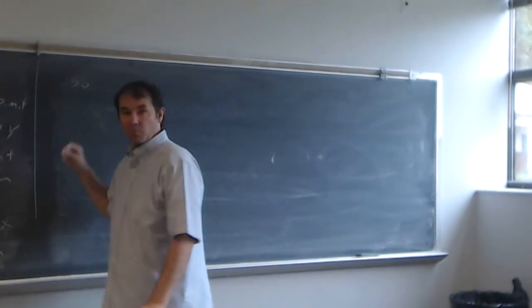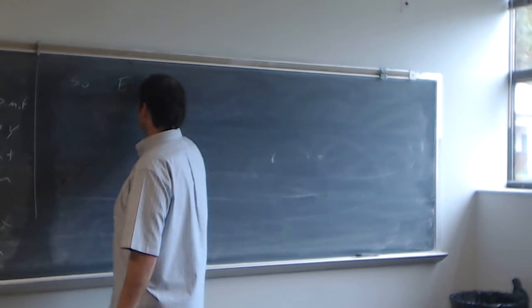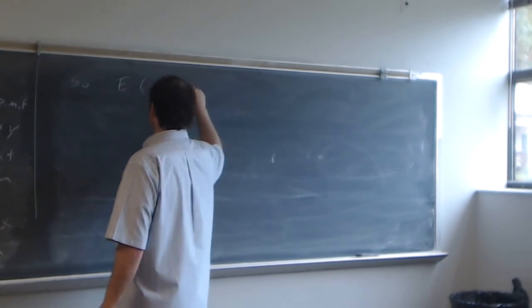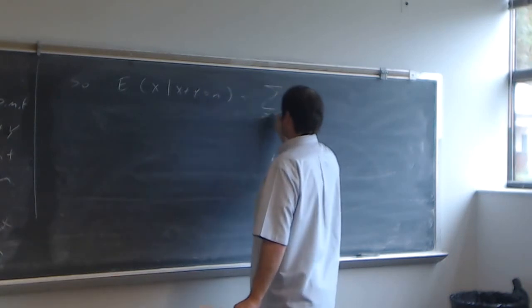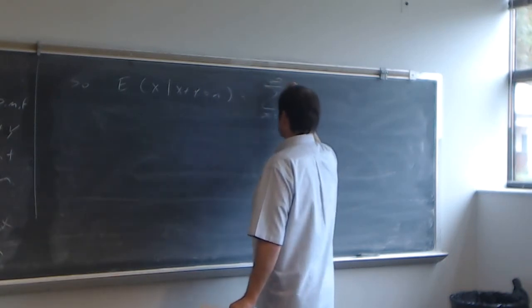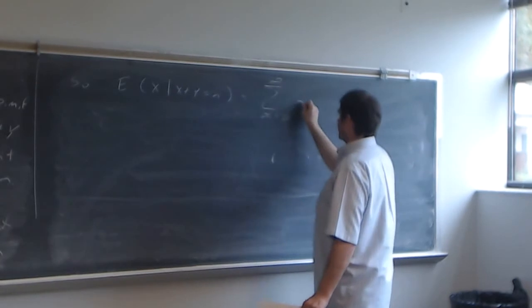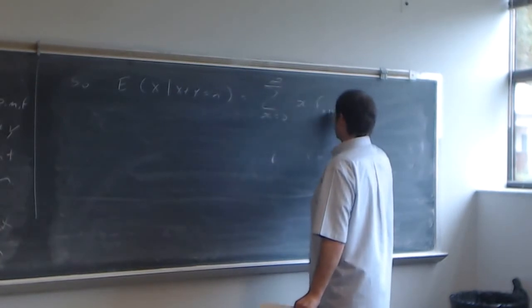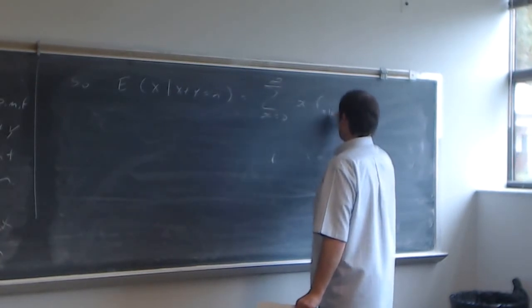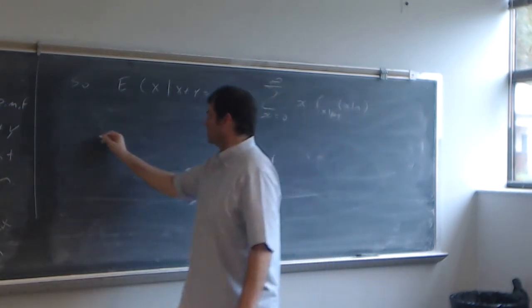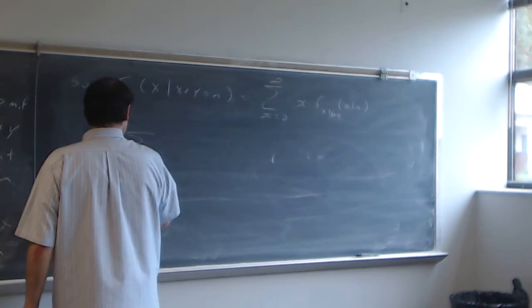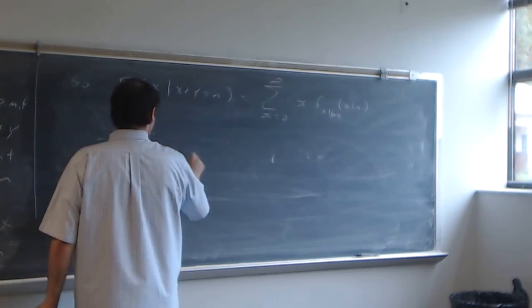So, remember what we were asked. The expected value of X given X plus Y equals n. That's the sum as x runs from 0 to infinity of x times f of x given x plus y, equal to n, which is equal to the sum as x runs from 0 to n.